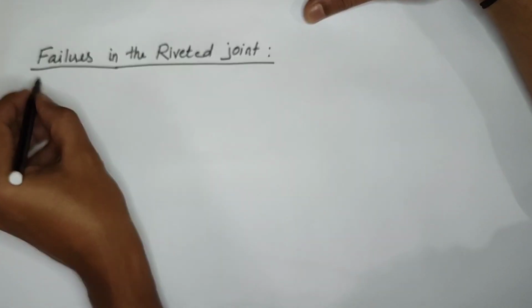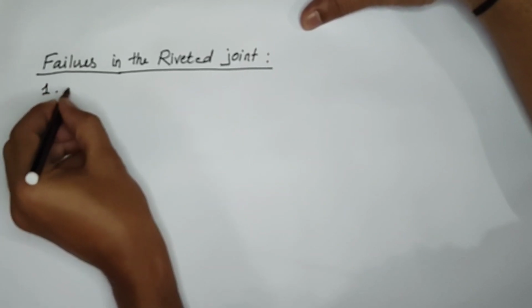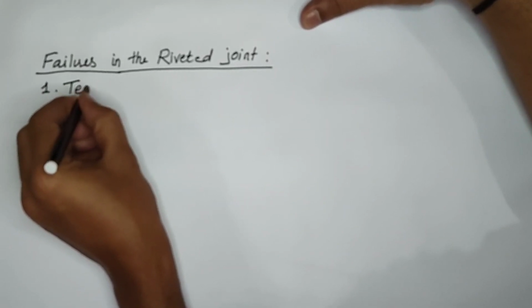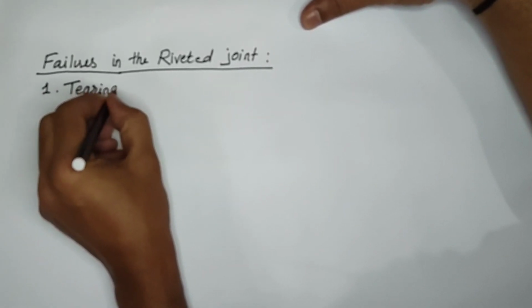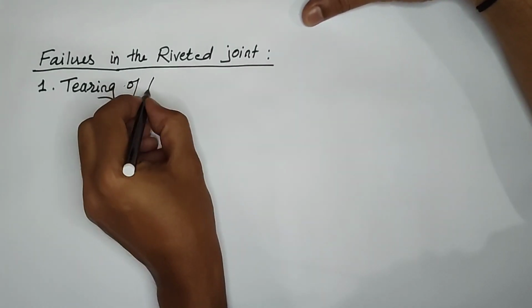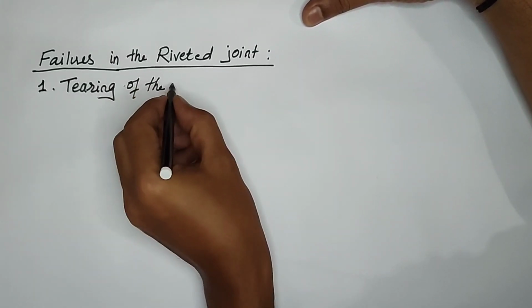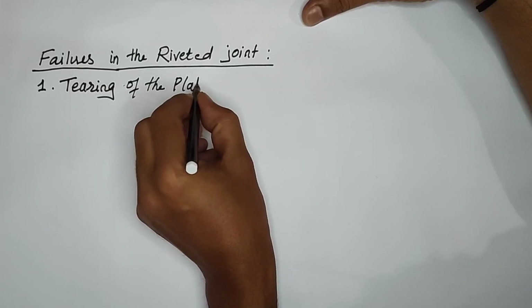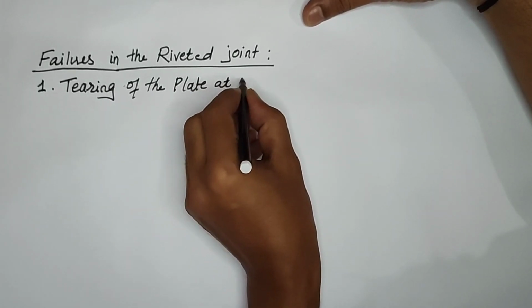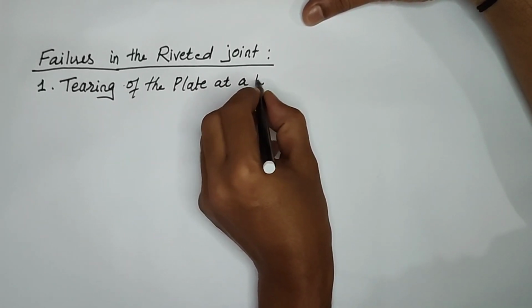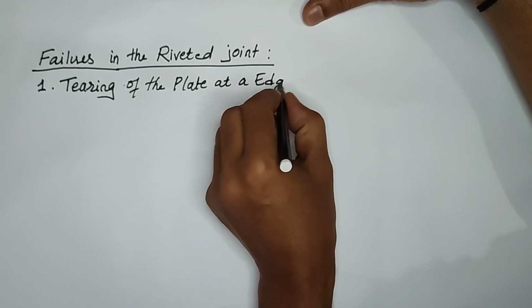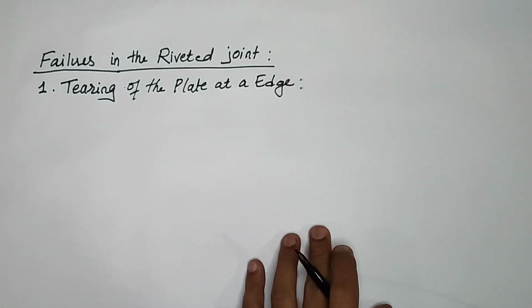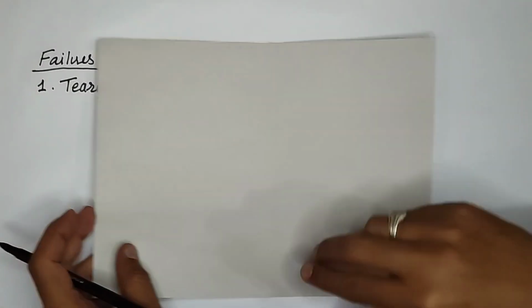The first one is tearing of the plate at an edge. Here I will explain.